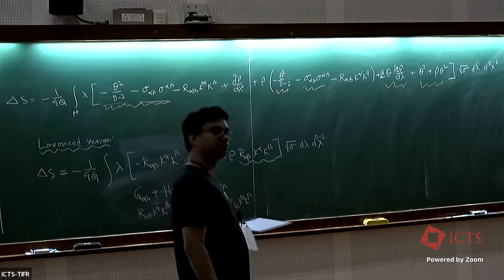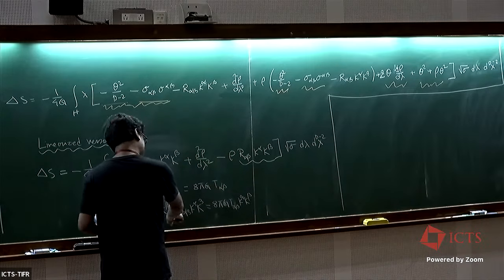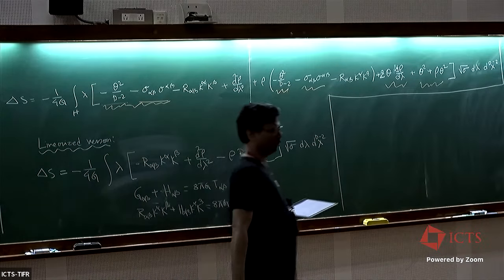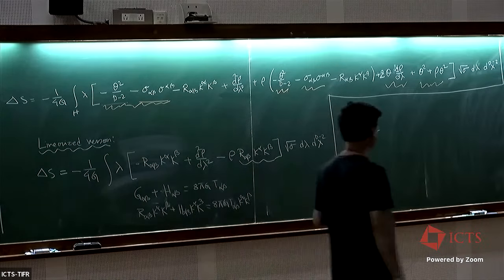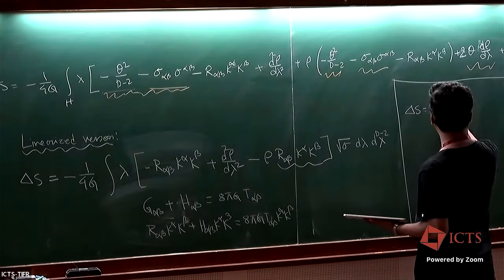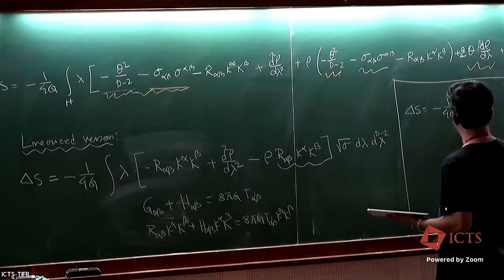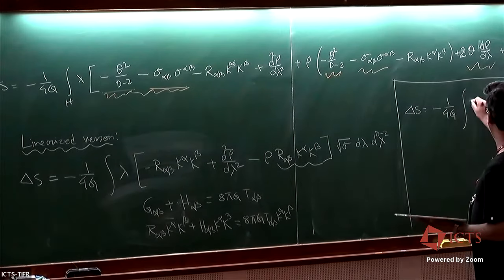So we are going to use this equation of motion. Let me not waste the part of the board and do this calculation here. Instead of this term, I'll replace it and see what happens. Did I put an alpha here? Let's absorb it; you can put alpha if you want, it doesn't matter. So what do I get? Minus delta S equals minus 1 by 4G integral lambda.